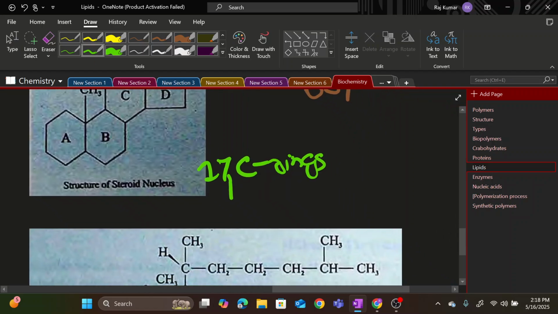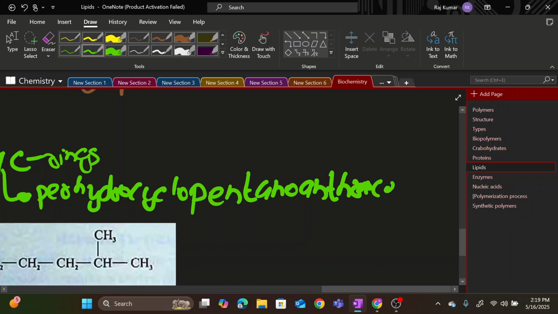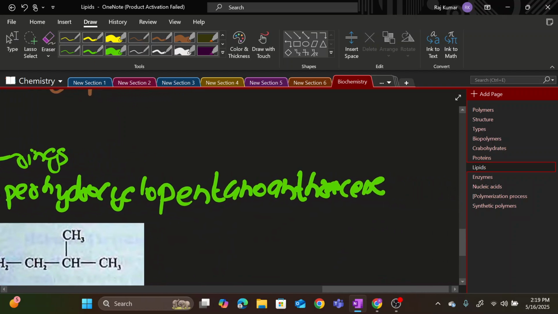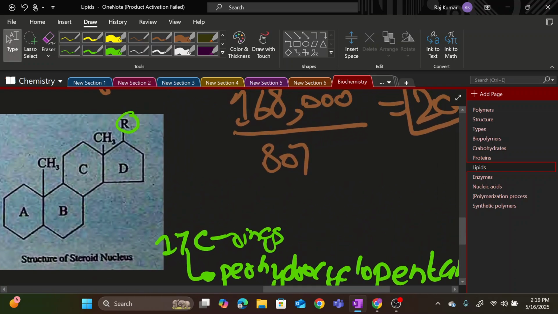Basically, it is a fused ring, and its scientific name, the common name, is perhydrocyclopentanoanthracene. This is the entire thing.